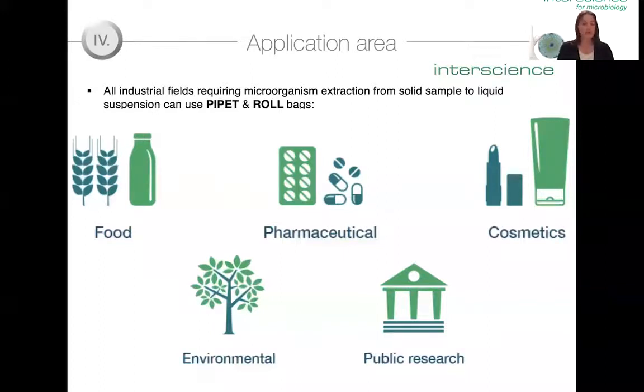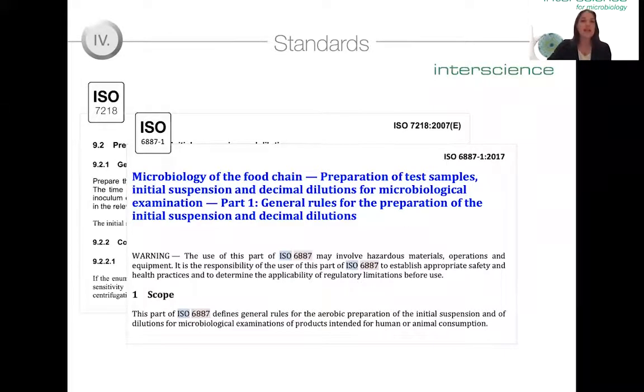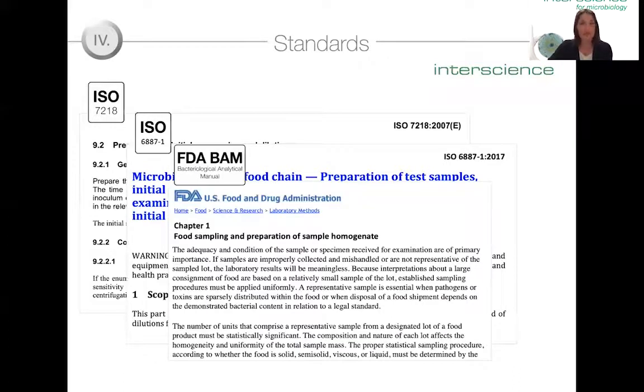So that can be food, cosmetics, environmental, but also the pharmaceutical industry and public research. So to comply with all these industries, we do also comply with multiple standards. So ISO 7218, ISO 6887, and in the North American market, the FDA BAM as well.